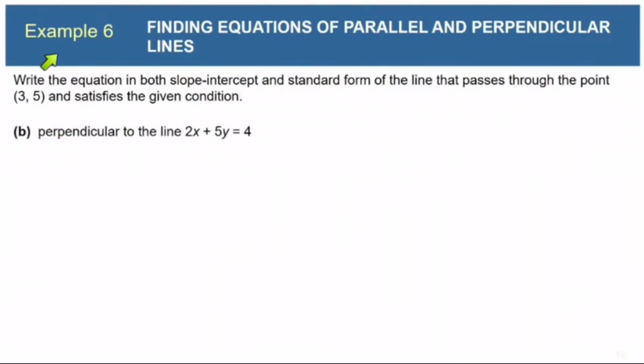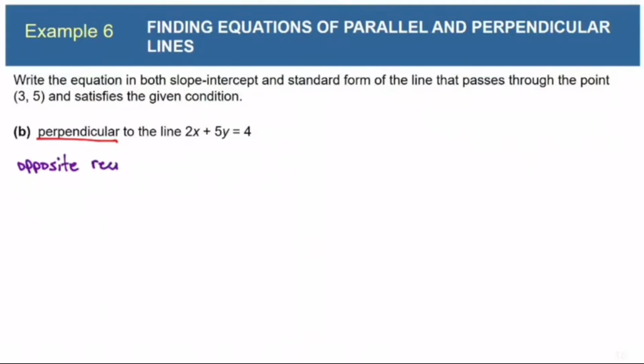Now in part B of example 6, we want to write the equation in slope-intercept form and standard form of the line that passes through (3, 5), and this time is perpendicular to 2x plus 5y equals 4. So we know that in order for a line to be perpendicular to another line, their slopes have to be opposite reciprocals.